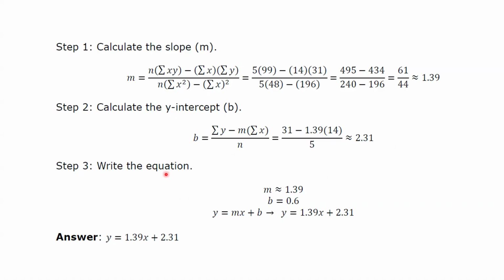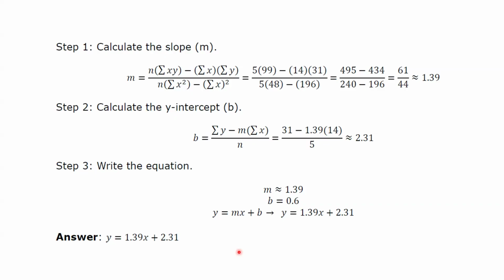Then we can write our equation. So now we just plug in m and b into y equals mx plus b, and our regression line equation is y equals 1.39x plus 2.31. And here's where this becomes really practical, because we can use this equation now to make predictions.